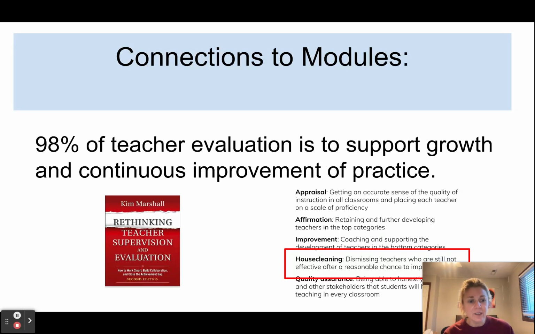But I'm going to tell you, when the time comes, one, hold on to these resources so you can go back to them. But two, when you come to a place when you are going to have to address ineffective practices, ask for help. There are a lot of different skills and sometimes requirements that are involved.